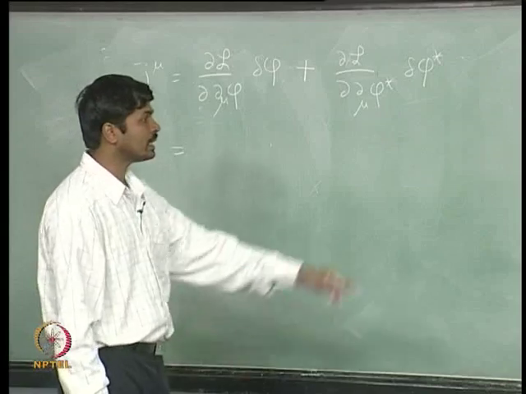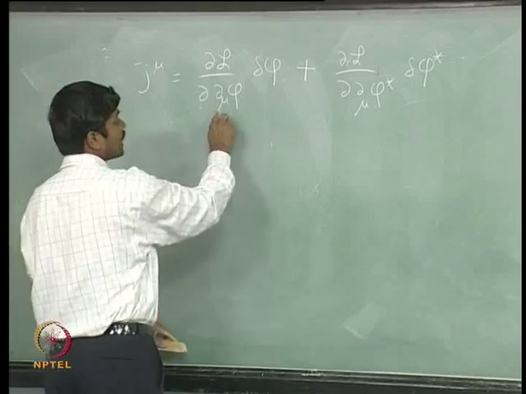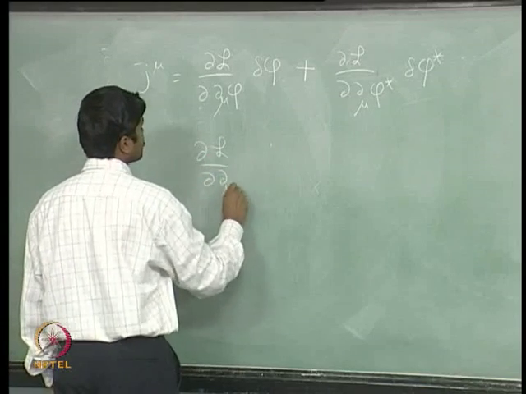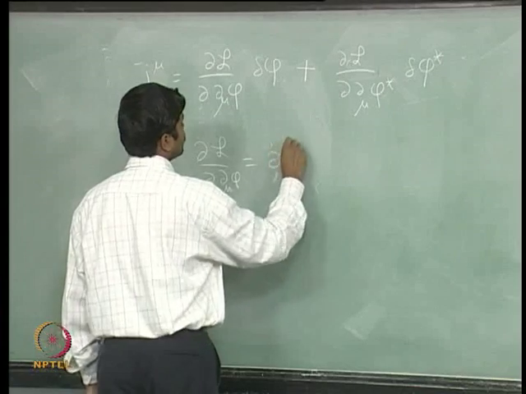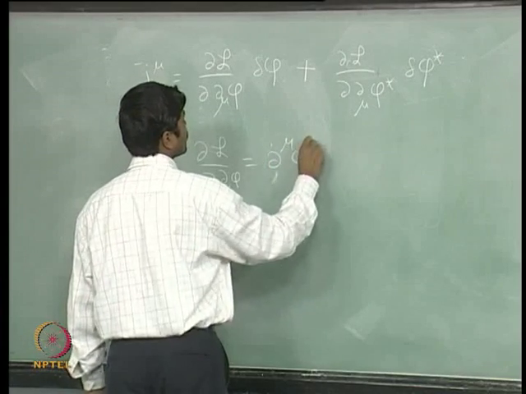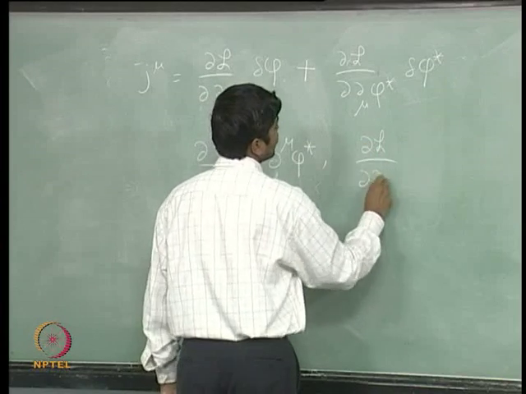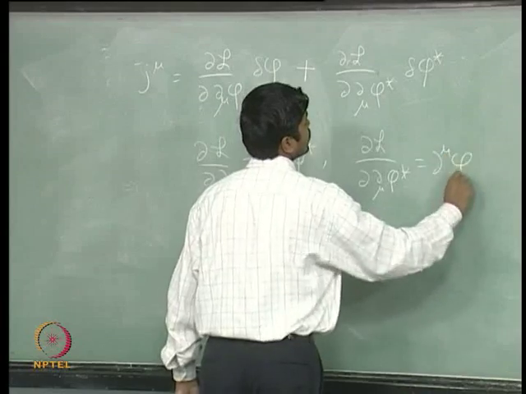From the Lagrangian density, you can derive what is del L over del (del mu phi). Del L over del (del mu phi) is nothing but del mu phi star, and del L over del (del mu phi star) is del mu phi.